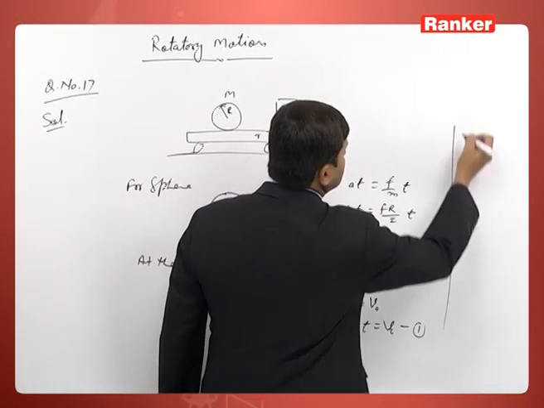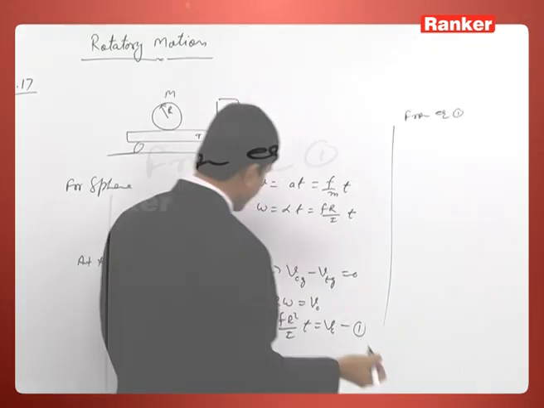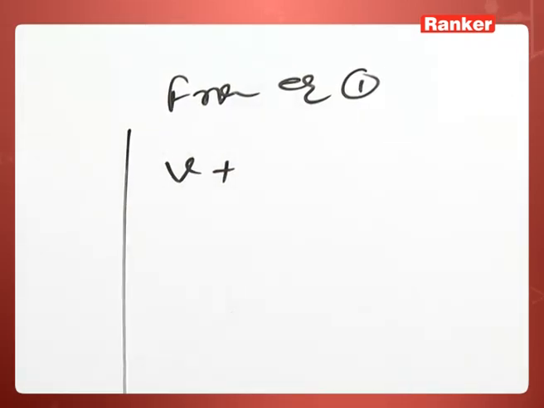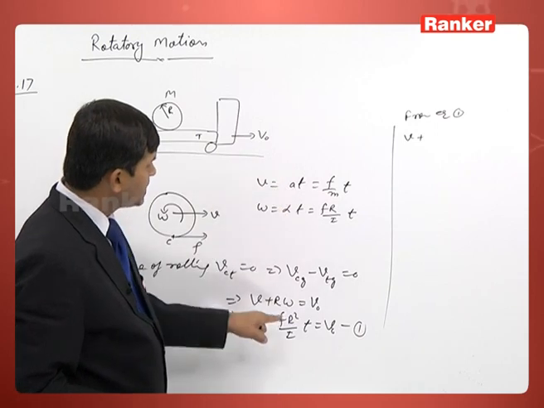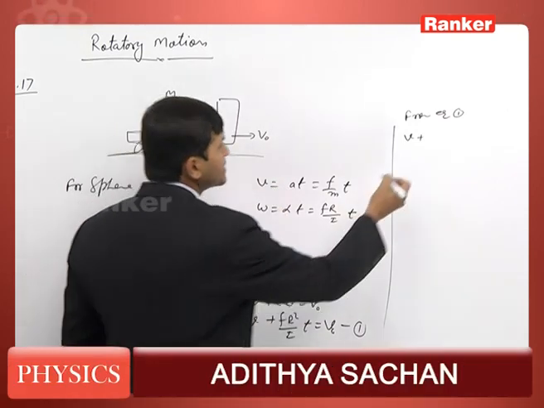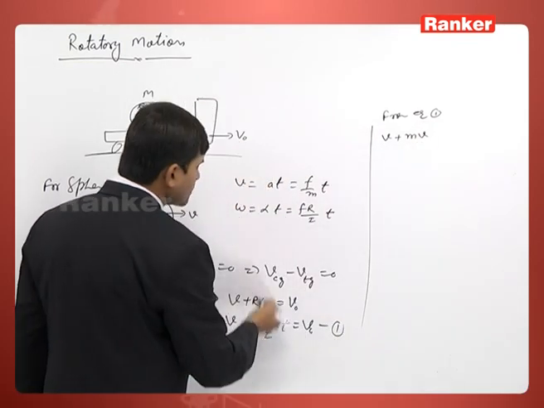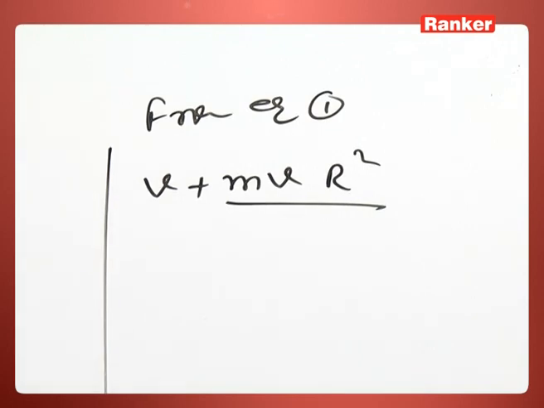Now from the first equation, v plus m into v times R square by I, where I is the moment of inertia.